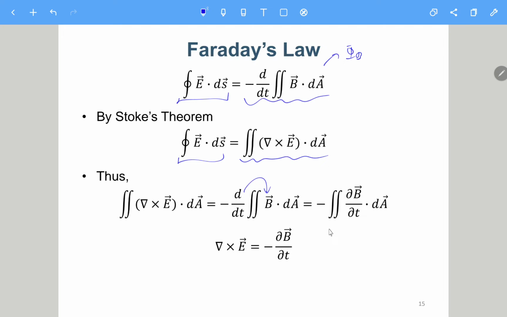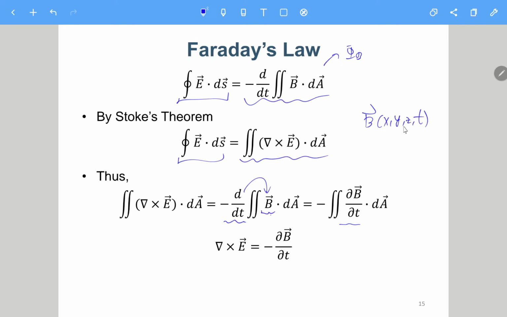One small detail: this is the original derivative, and this is the partial derivative. Why is it like this? The reason is that originally the B field should be a vector related to x, y, z, and also t.